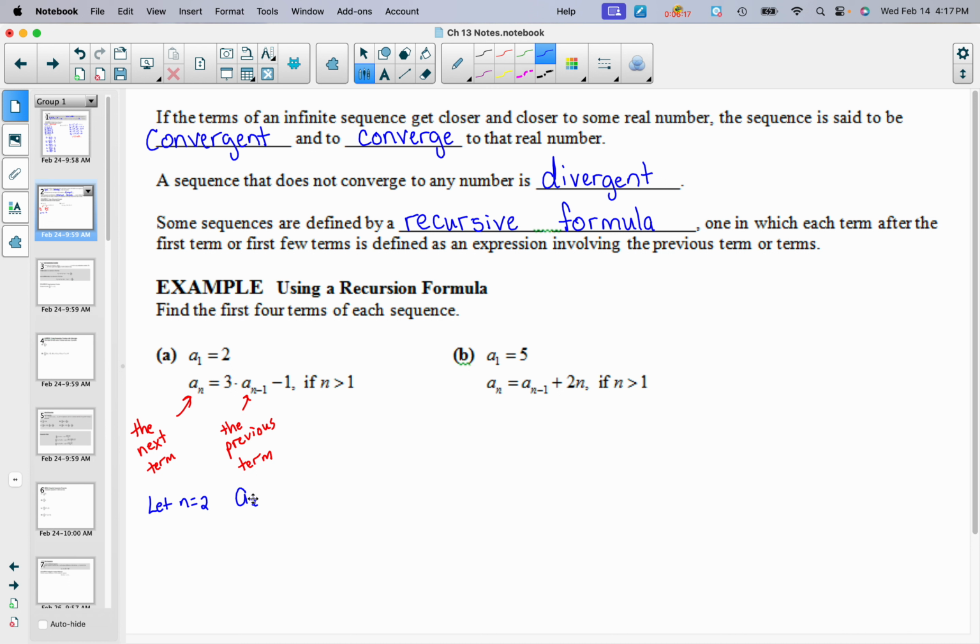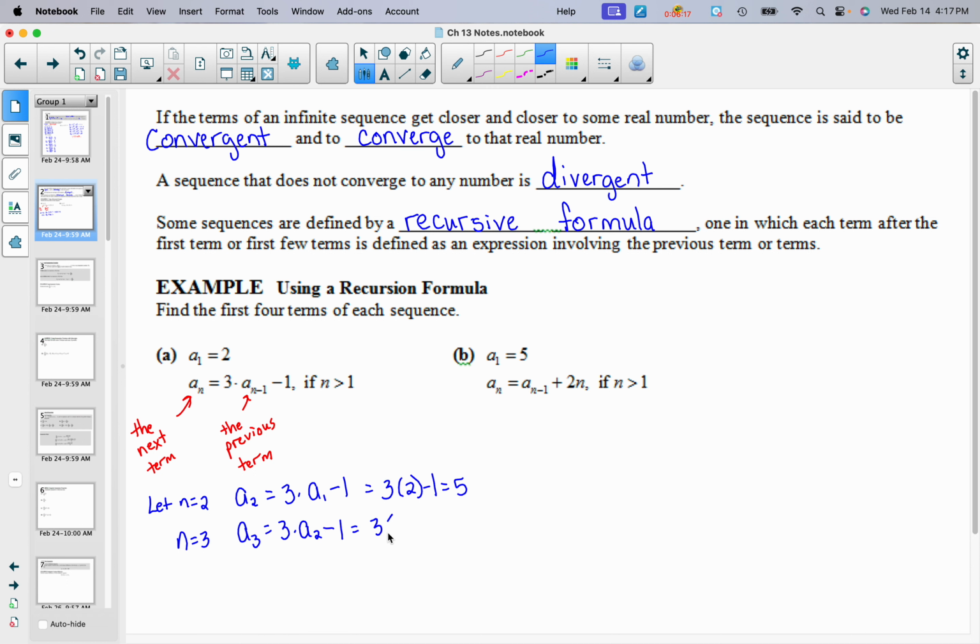To find the second term, I take 3 times the previous term, which would be a sub 1, and then I subtract 1. Remember, we're told right up here that a sub 1 was 2. So then I get 5. To find the next one, we already know the first 2 now, so I let n equal 3. To find that term, I do 3 times a sub 2.